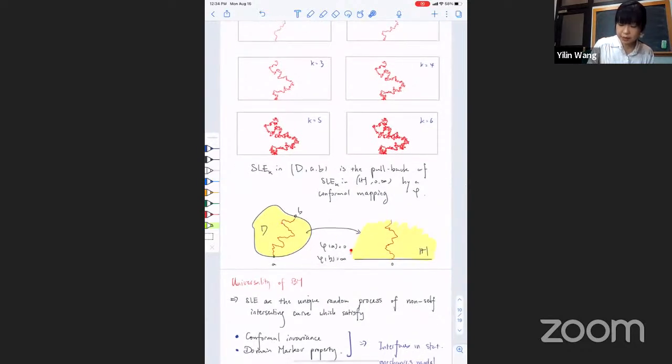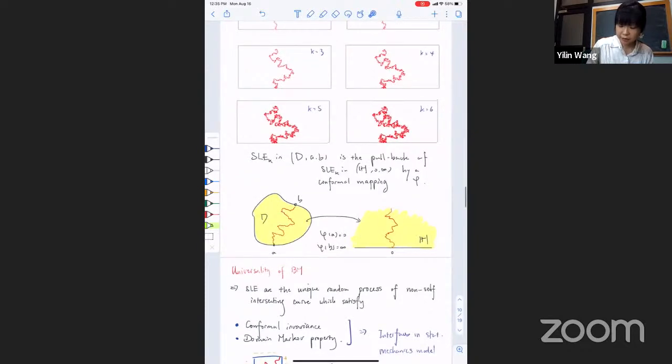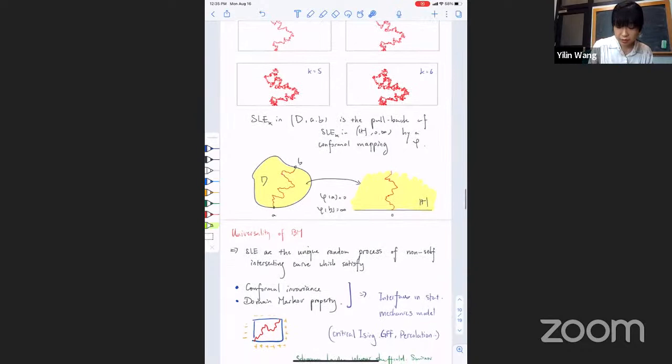This map is not unique because we can also multiply by a positive number on the right-hand side. However, because of the scaling property of the Loewner driving function, the driving function changes exactly as the Brownian scaling, and Brownian motion is invariant under that scaling. So SLE is well defined, even though we didn't tell you which phi we choose. We only ask A to 0, B to infinity.